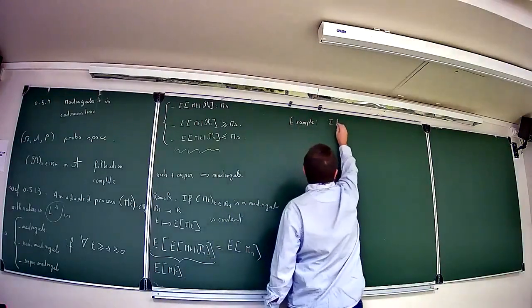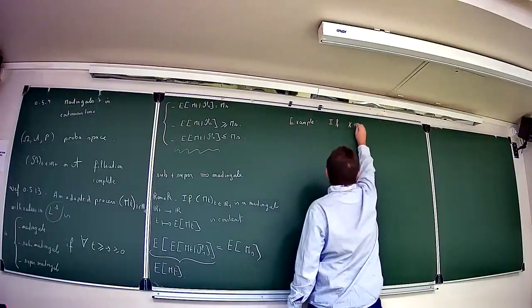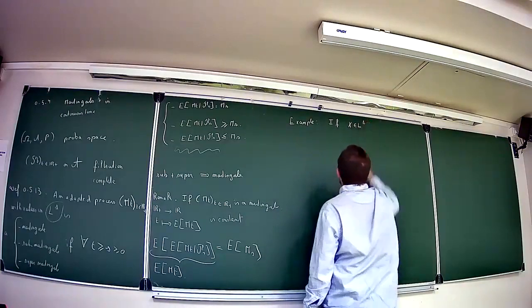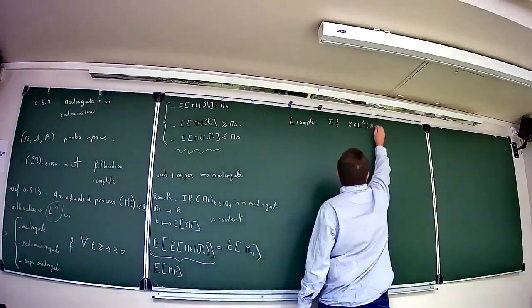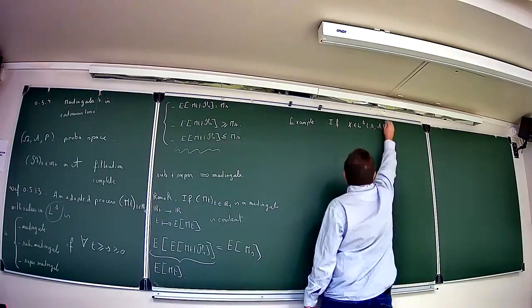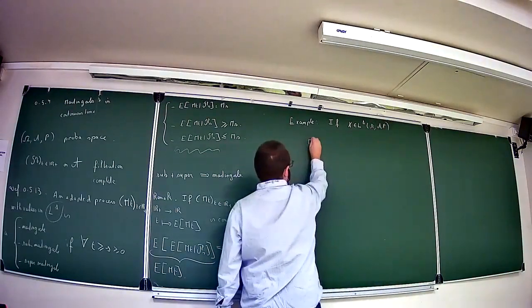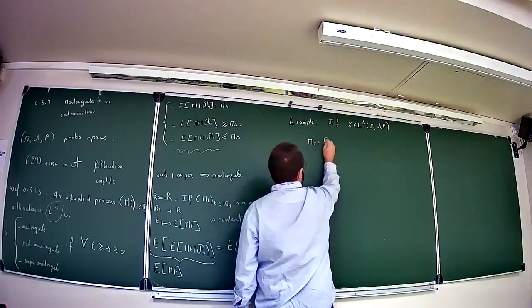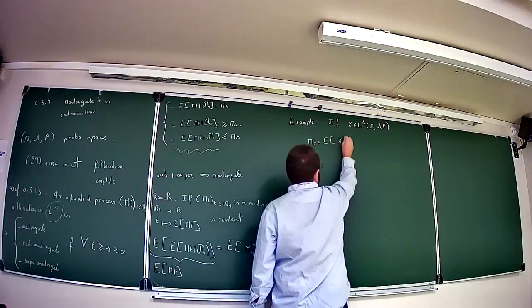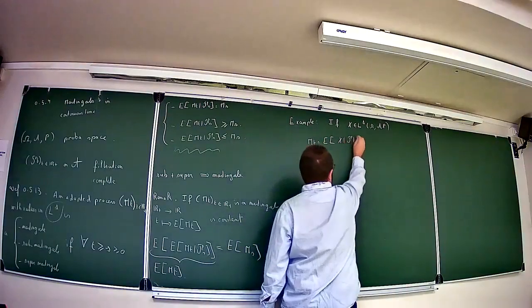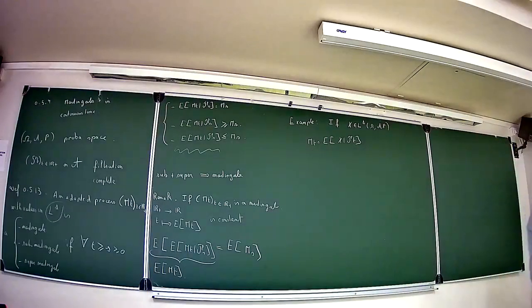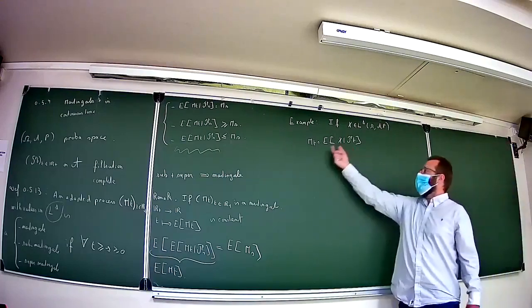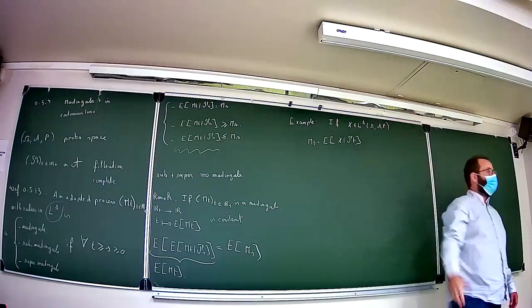I say that if X belongs to L1 of omega, A, P, if I define Mt this way, Mt equal to the conditional expectation of X given Ft, this process is a martingale. So you have a fixed random variable and you consider successive approximations, let's say.